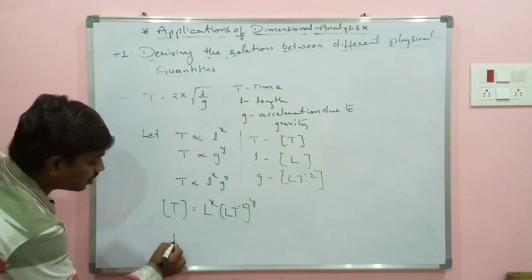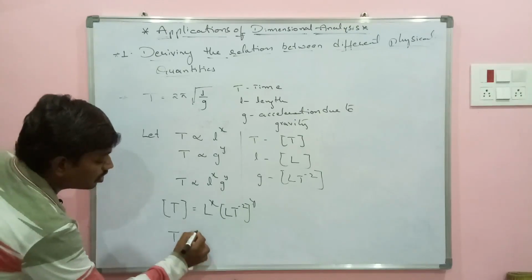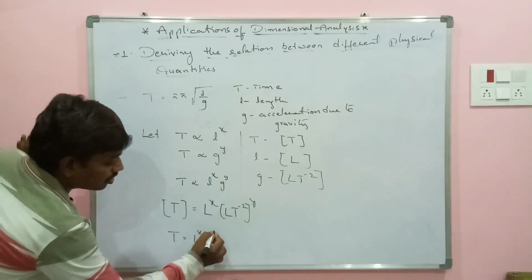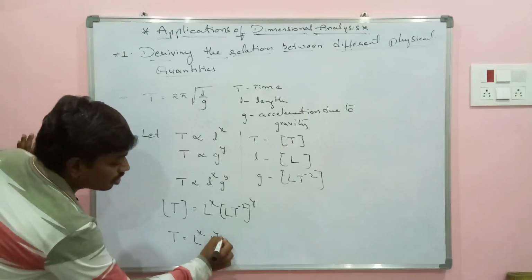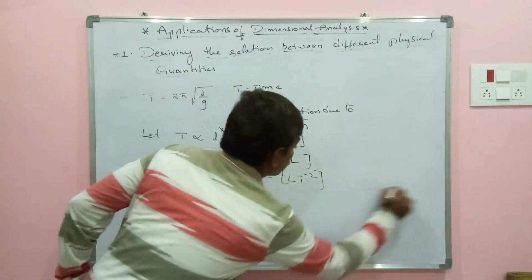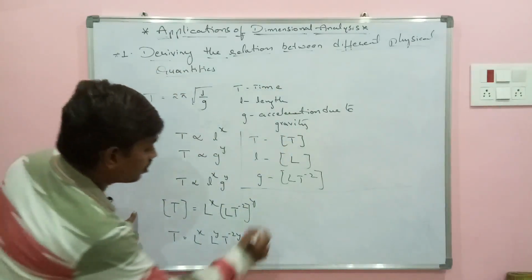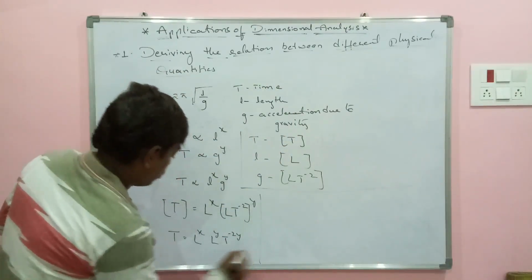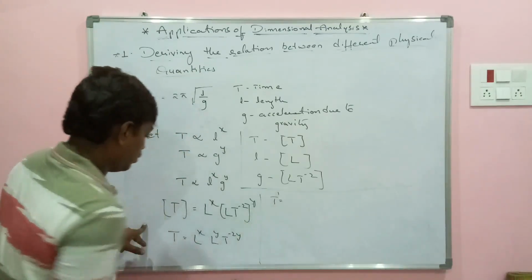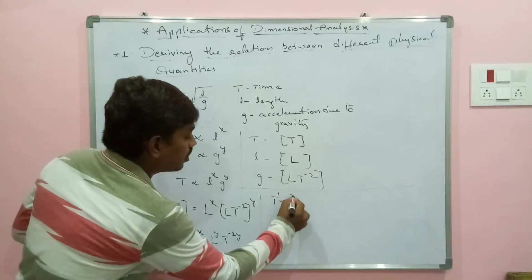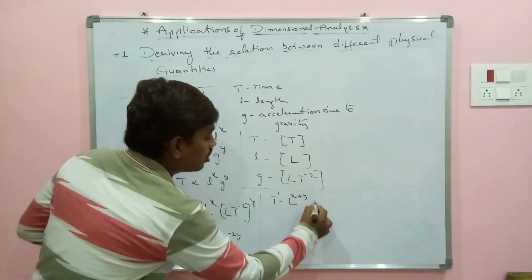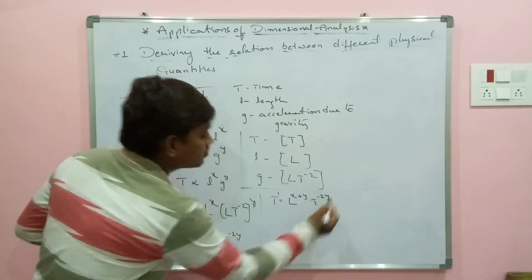Simplifying this, what I will be getting, T is equals to L power x and L power y, T to the power of minus 2y. Simplifying this, I will be getting T to the power of 1, L power x plus y, T power minus 2y.